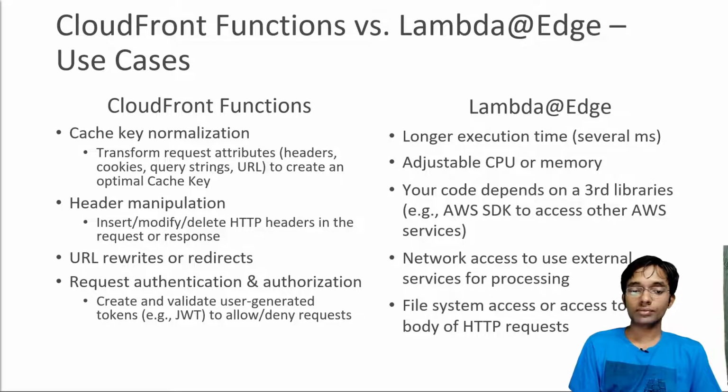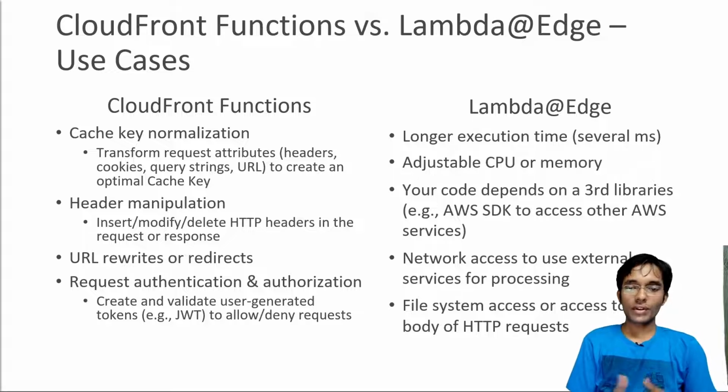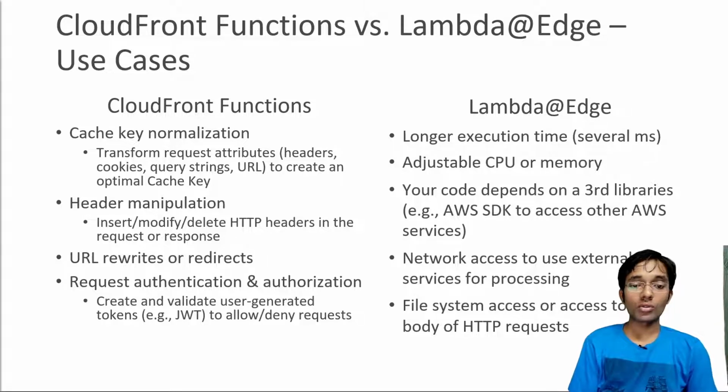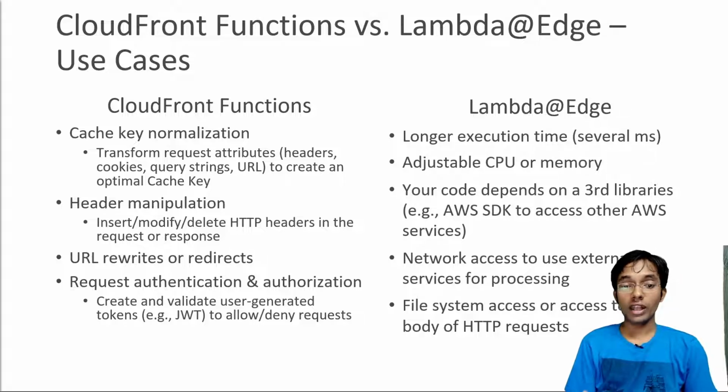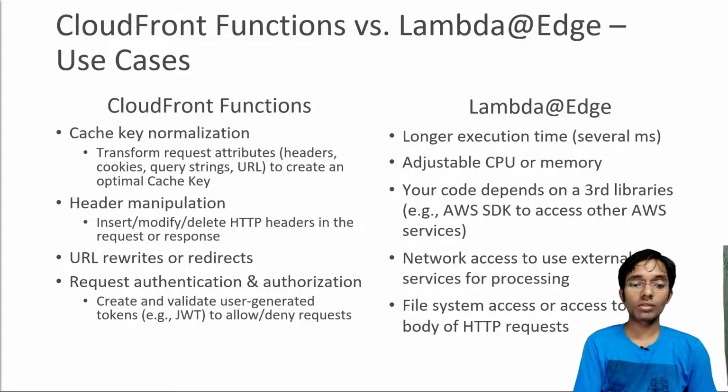For example, JWT to allow or deny requests very close to your users, whereas Lambda@Edge is going to give you a much longer execution time. Okay, so up to 5 seconds or 30 seconds. Or you get adjustable CPU and memory. You get to have code that can depend on third-party libraries.